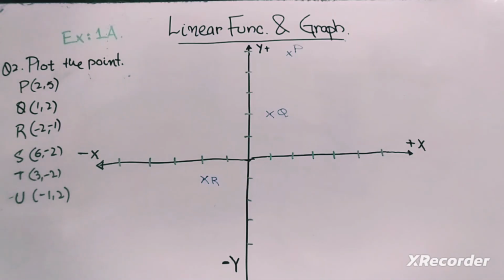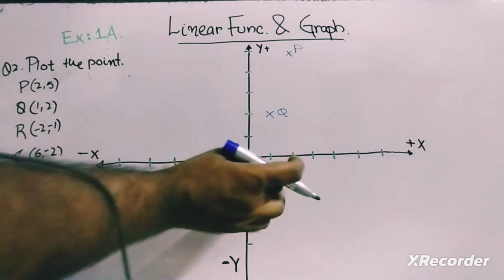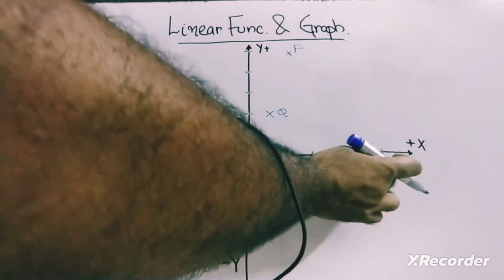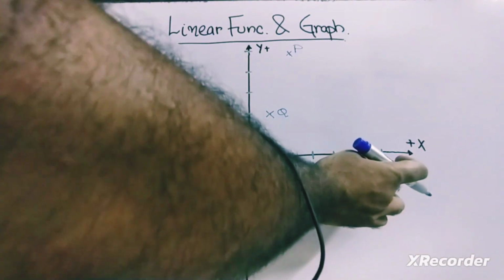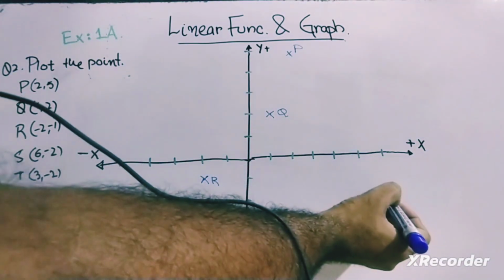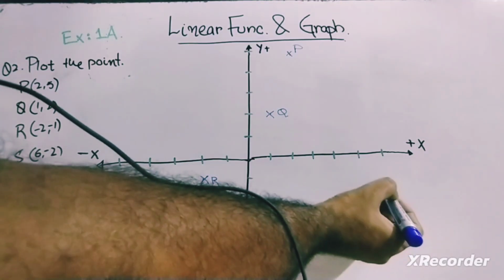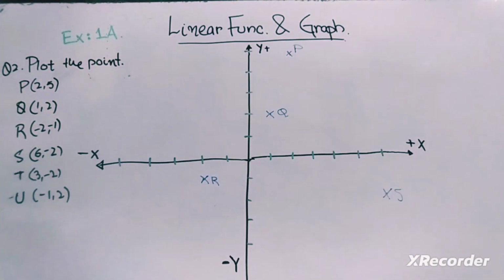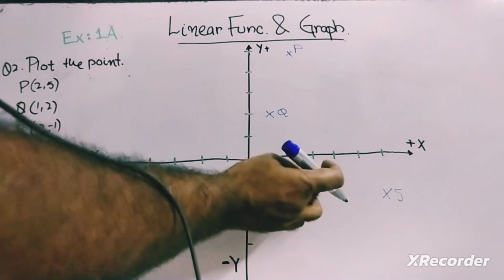Now (6, -2). On the x-axis we count to 6, 1, 2, 3, 4, 5, 6, and the y-coordinate is -2. Our point will be something like that. For T, (3, -2).